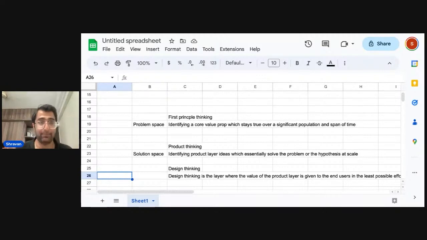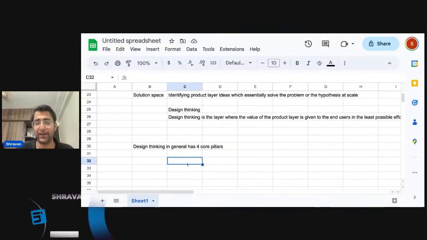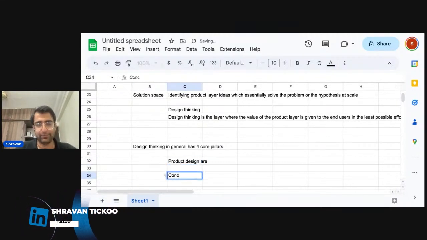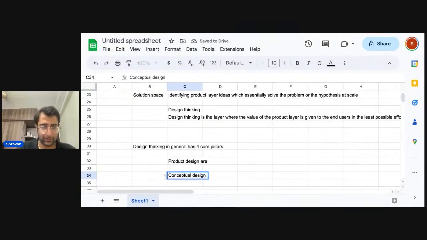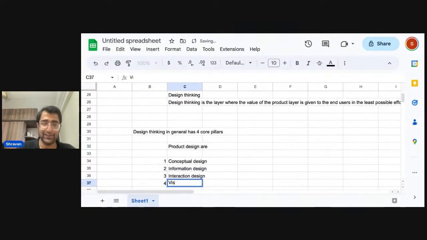Let me give you another example. So let's look at Uber as an example. Okay? So design thinking in general has 4 core pillars. So the 4 layers of product design are: number 1, conceptual design; number 2, information design; number 3, interaction design; number 4, visual design.